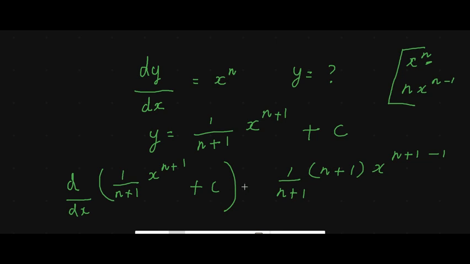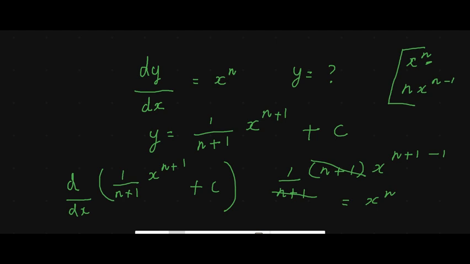So first of all, the n plus 1 and 1 by n plus 1 cancel out, and n plus 1 minus 1 is n, so you get x to the power of n. So if x to the power of n is the derivative, then the original function is 1 by n plus 1, x to the power of n plus 1, plus c. Good so far?